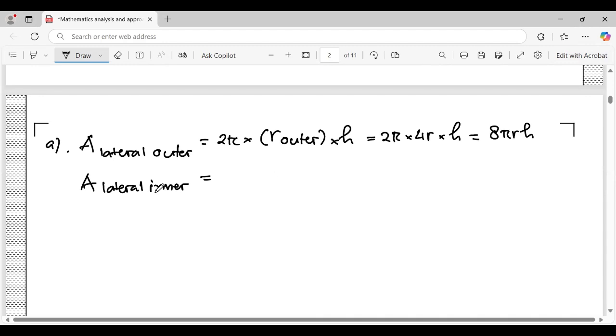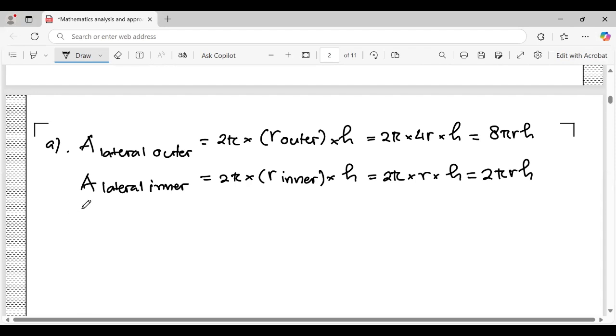And for the area lateral inner, 2 pi multiply by r inner multiply h, 2 pi r h. Okay, lateral outer and lateral inner.